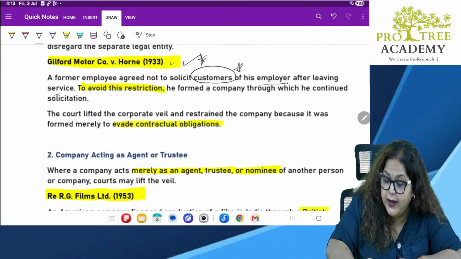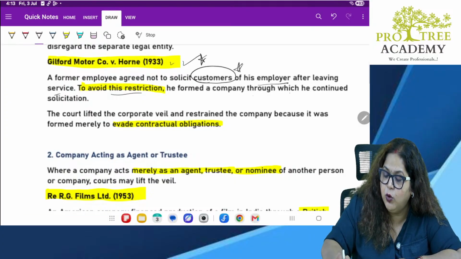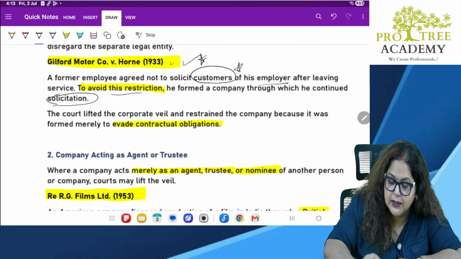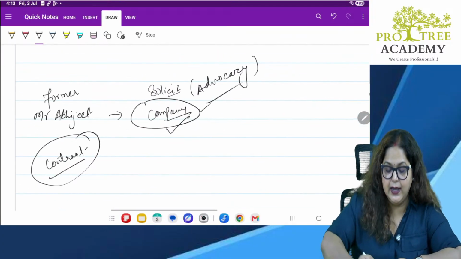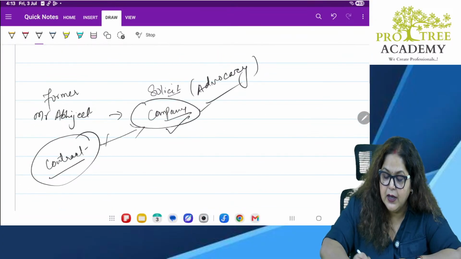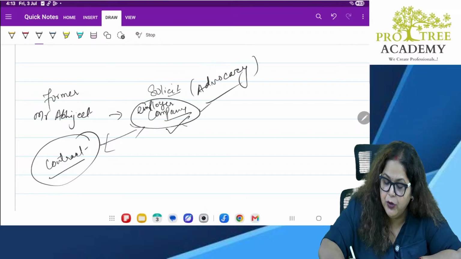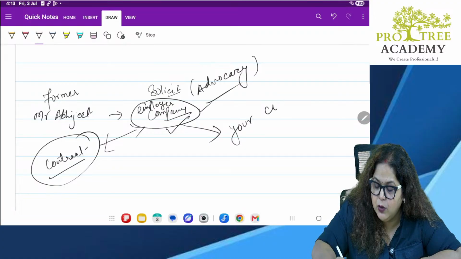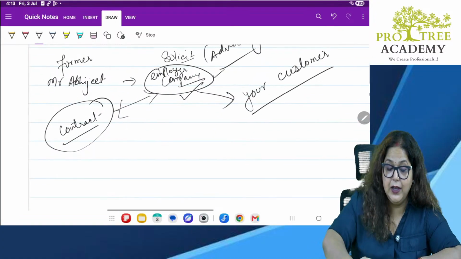So to avoid this restriction, what Abhijit had done, guys, he formed a company through which he continued solicitation. Are you getting this? He made a contract with this company, which was the employer of Abhijit. He said, I am not going to solicit your customer.